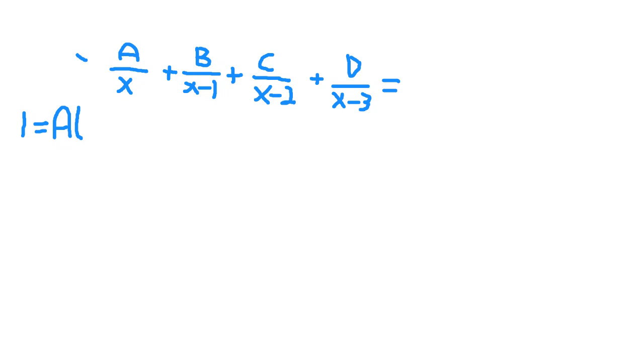This is equal to 1 over the common denominator, x times x minus 1 times x minus 2 times x minus 3. Right, you have made this. Yes, correct.